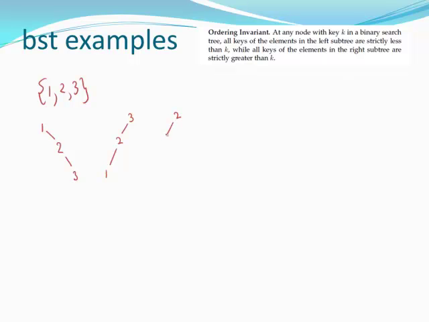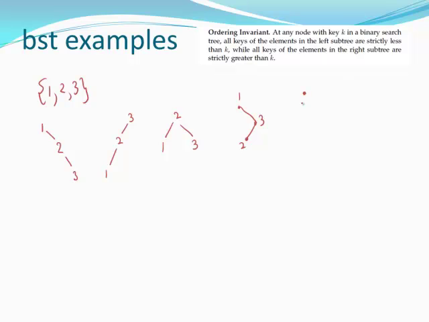Here's another possible binary search tree where you have 1 to the left of 2 and 3 to the right of 2. And here's another. We can have 1 here, then 3 here, but the 2 would be to the left of 3. This means that 2 is less than 3, and 3 is greater than 1.